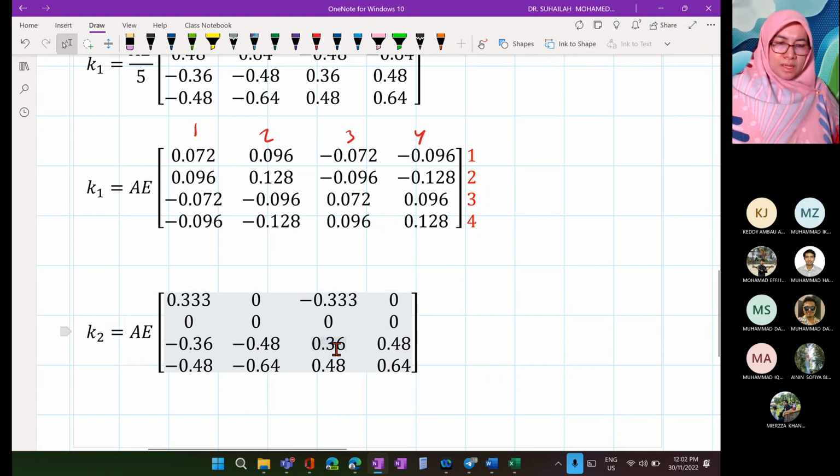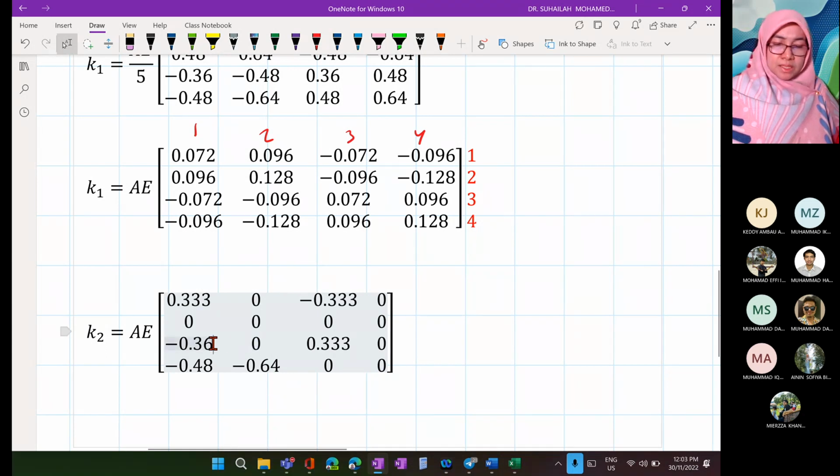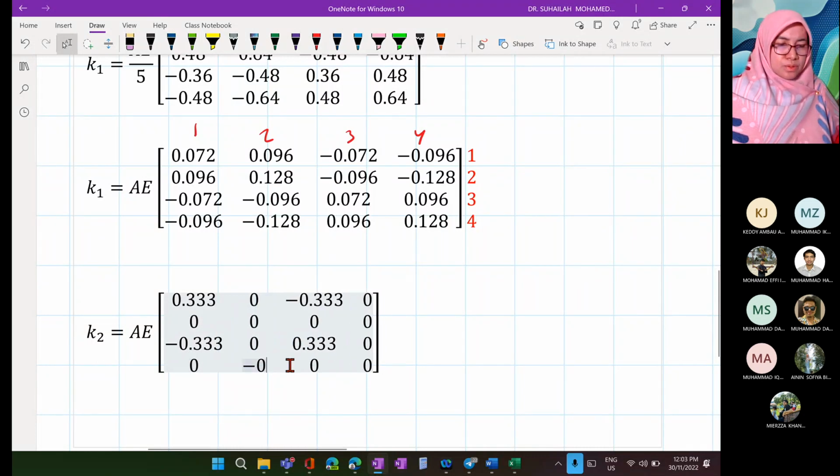And then this one is 0.333, 0, 0. Okay, remember it is symmetry matrix. So this one should be 0 as well. This one also 0.